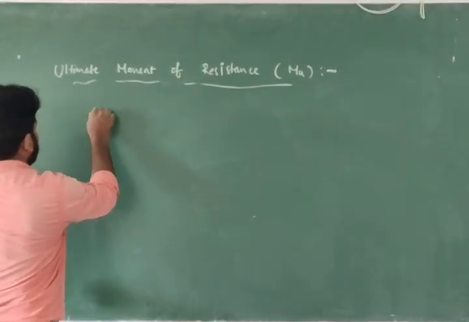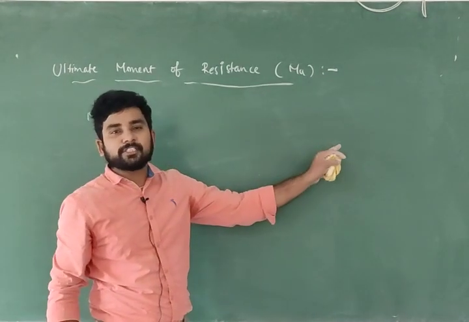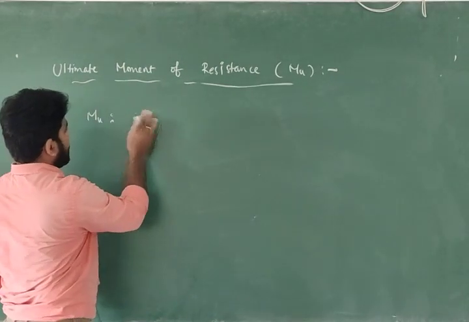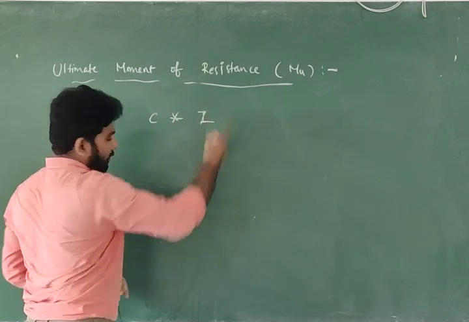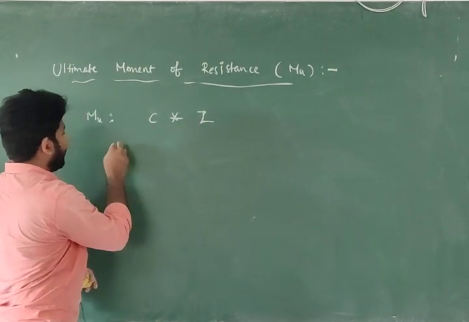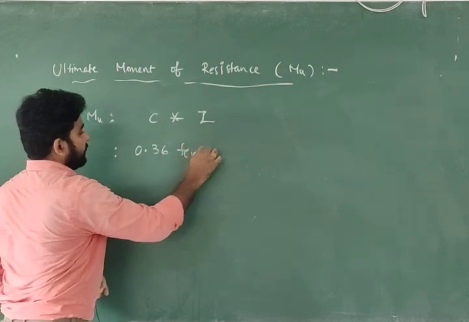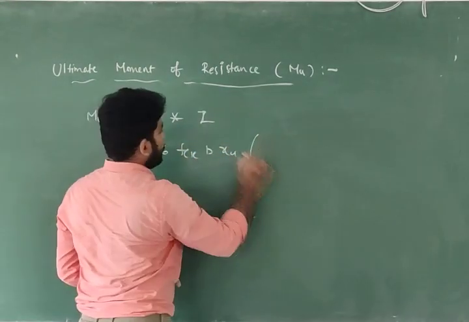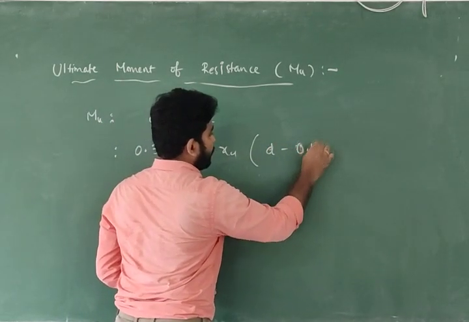We already know, from the previous class, MU equals, also available on page number 96 of IS 456, total compression into lever arm, or total tensile force into lever arm. Now, for the compressive force, you can use FCK into B XU, this is my total compressive force, into the lever arm, D minus 0.42 XU.